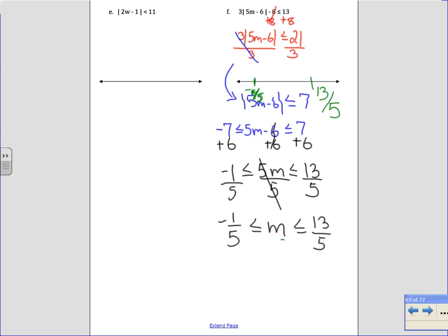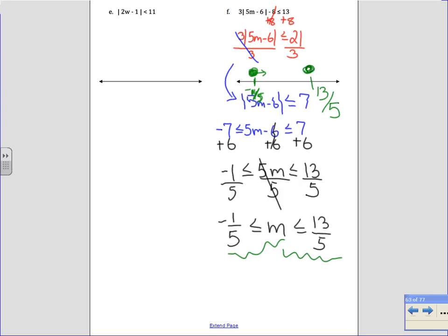So if we look at this side, if m is greater than or equal to negative 1/5, greater than or equal to means it can be that number. So you have to have a filled in circle above negative 1/5. Greater than or equal to goes to the right. And then the other one over here, m is less than or equal to 13/5.